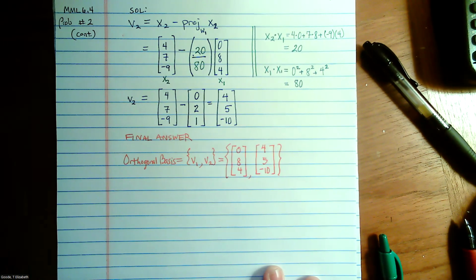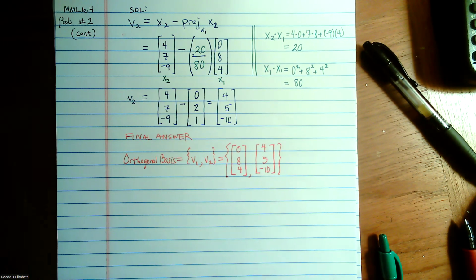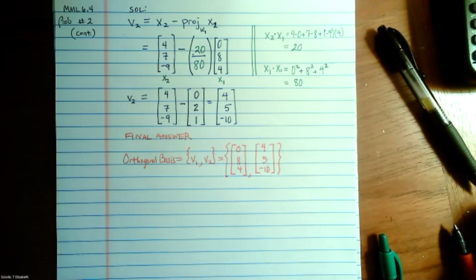Now, it's more involved if there are more vectors. This is pretty easy because we only had 2 vectors in our basis. Do you want to look at the problem where there's more vectors? Yeah. I think that's going to be problem 3. No, problem 3 is also, let's see.